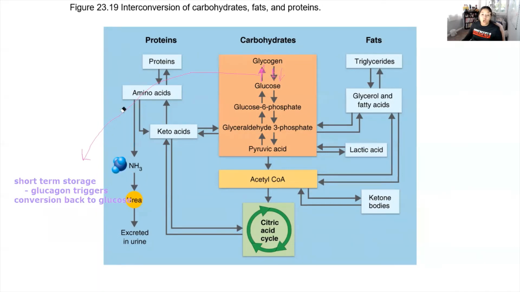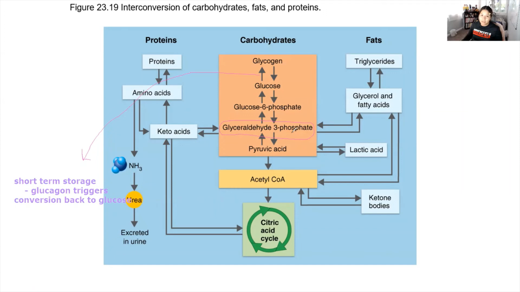For long-term storage, we're actually going to use a glucose intermediate that's kind of on its way down this glycolysis pathway. You don't have to know the name of this, just know that it's an intermediate of glucose on its way down the pathway of glycolysis.